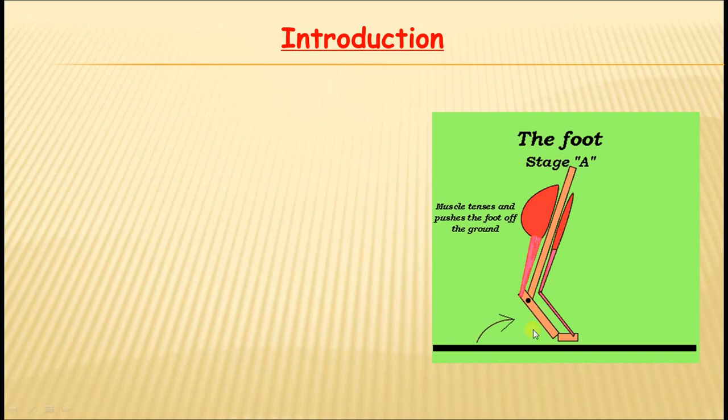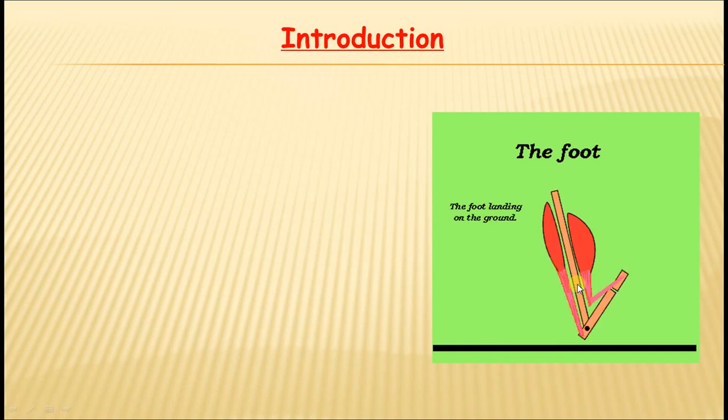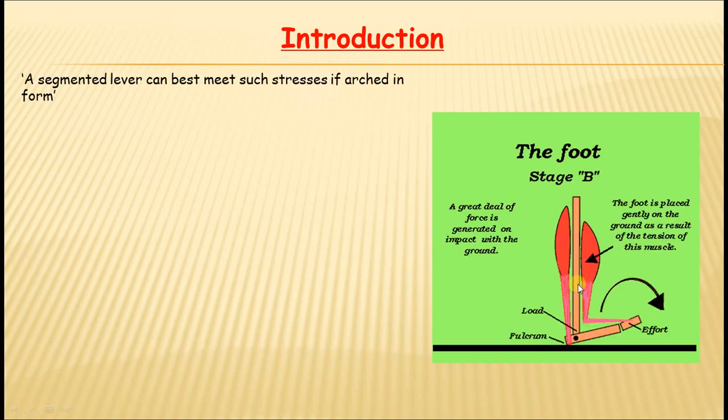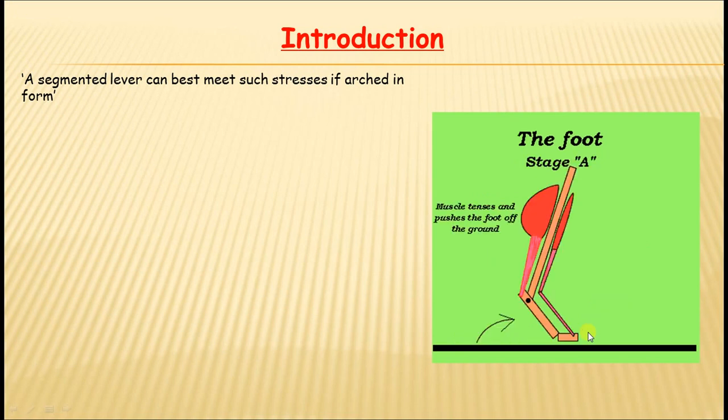The lever is broken down into multiple segments, but in this picture you are seeing only the posterior and the anterior part of the foot. Now why, if it is not multi-segmented, then what happens? I will tell you. If it is divided into numerous segments, it can better adjust to the stress.